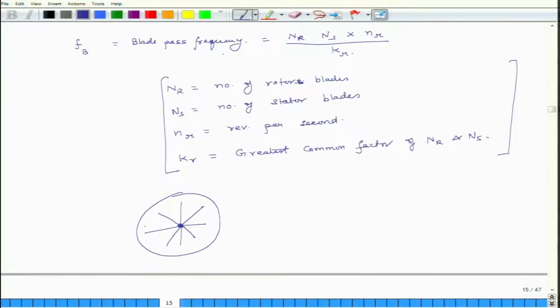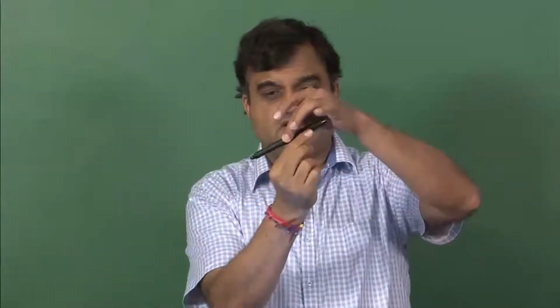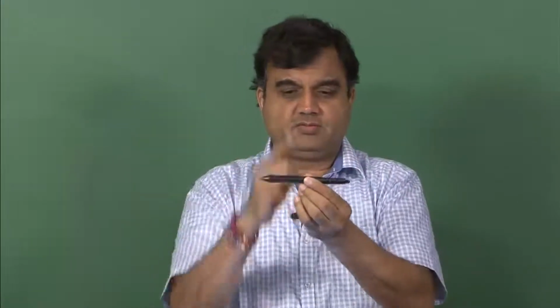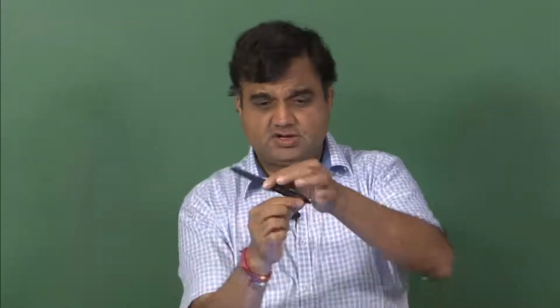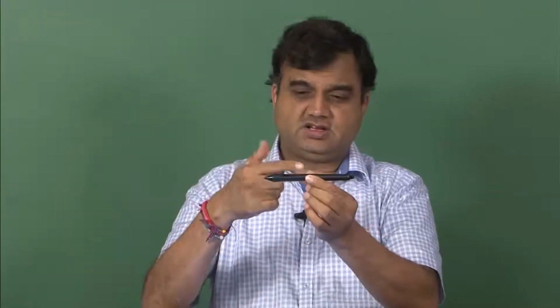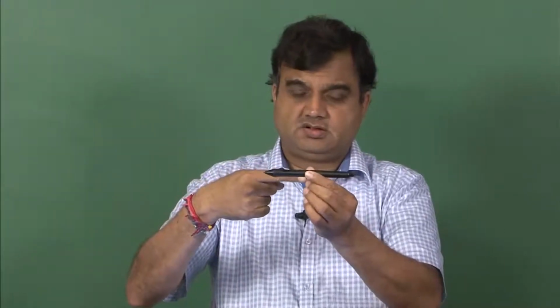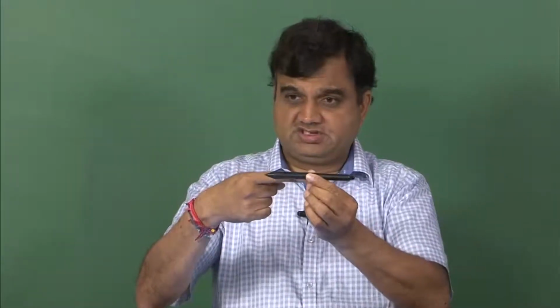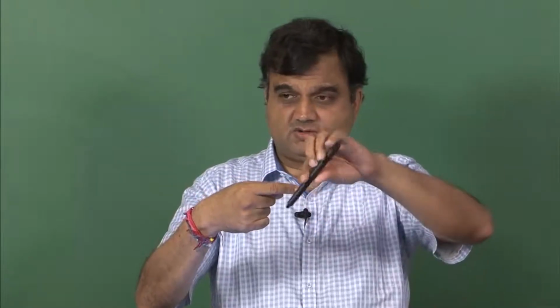Here is blade number 1, this is blade number 2, then you have 2 blades here and then 4 blades at 45-degree angles, and all these 8 blades are rotating. In front of these 8 blades, let us say there is one stationary blade, that is a stator blade.